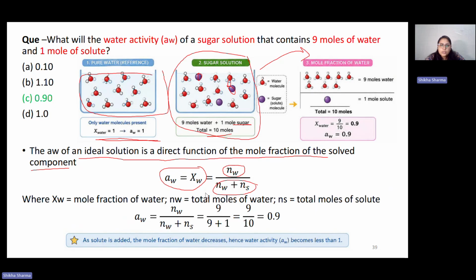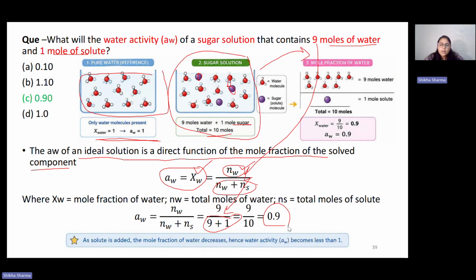So the mole fraction of water is the moles of water, 9 moles, divided by the total moles, 9 plus 1, 10. So 9 divided by 10 is 0.9.